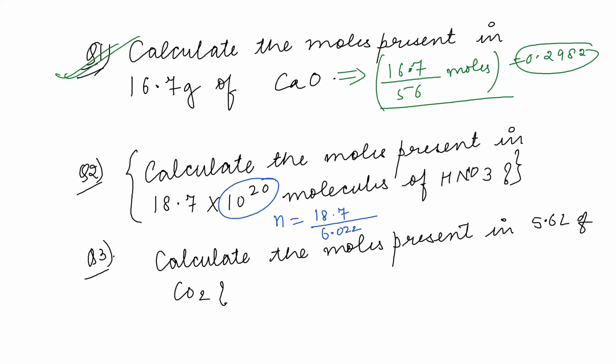What about 10 raised to power 20? You have 10 raised to power 20 divided by 10 raised to power 23, so that's times 10 raised to power minus 3. So you get 0.00311.